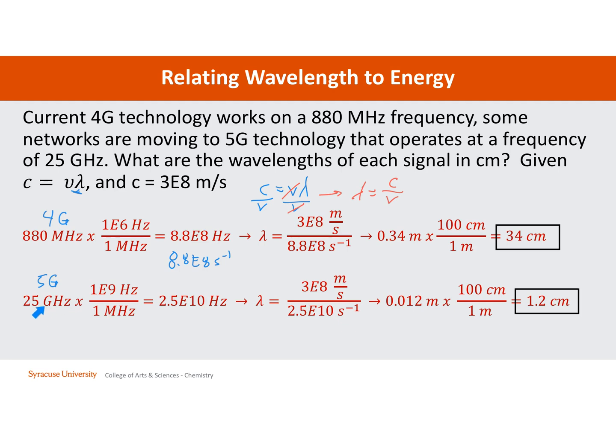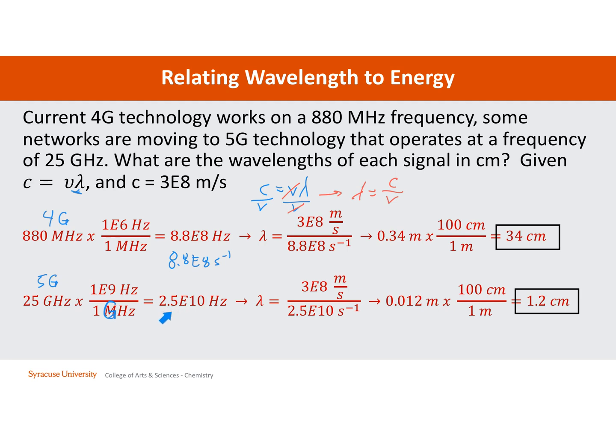Do the same series of steps with the 25 gigahertz, except 1 gigahertz is 1 billion hertz. So I multiply by 1 e to the 9 hertz to get rid of the gigahertz.